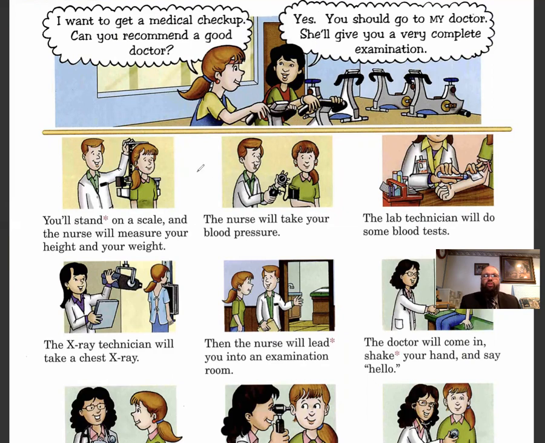So we're going to go like this, and then we continue. Let's read it together. Not too fast, just fast enough. Here we go. 1, 2, 3.